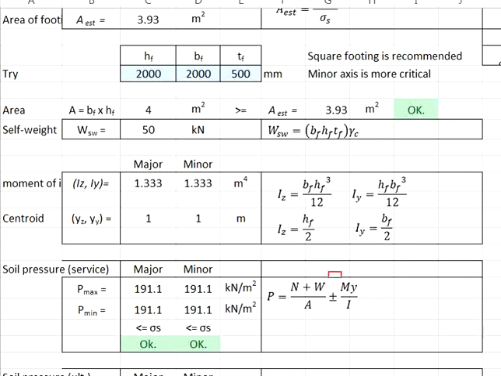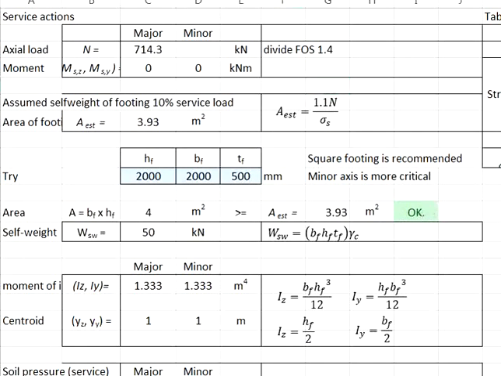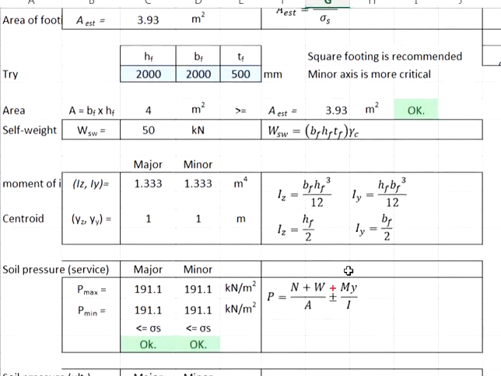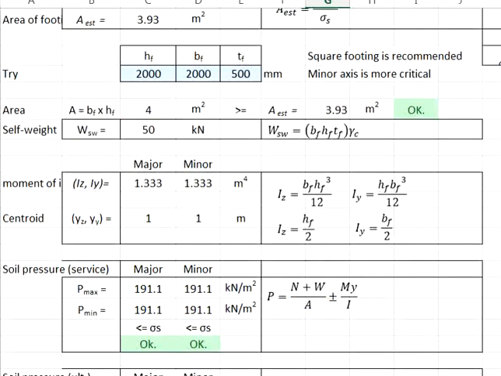That means there is no influence in terms of the moment to the soil bearing pressure. You may use these equations. Take the service load, which is this, plus the self-weight, which is this, divided by the contact surface area, which is this. Make sure the soil bearing pressure does not exceed the soil bearing capacity.